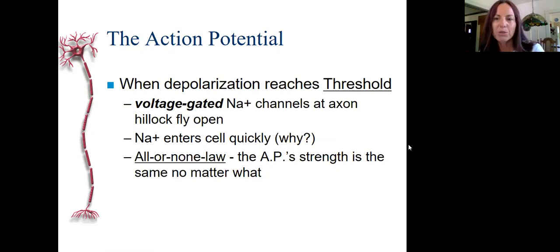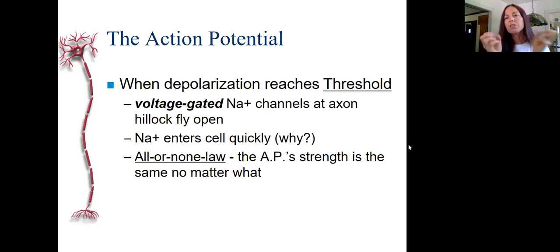So what happens when the neuron reaches that threshold? When a depolarization gets up to the level of the threshold, if it hits that line of threshold and gets positive enough, there are some voltage activated gates for sodium, and they're at the axon hillock. That's at the very top of the axon.